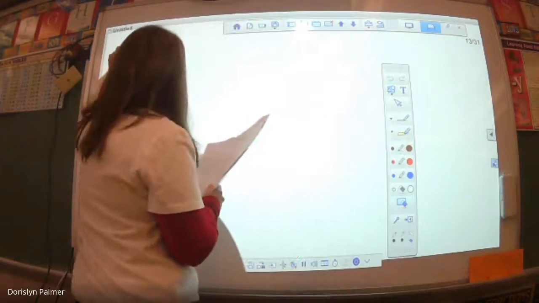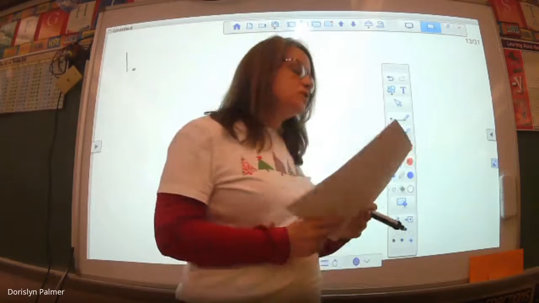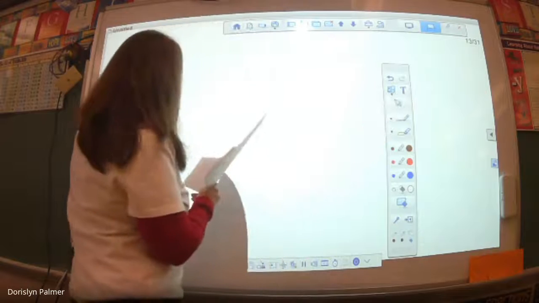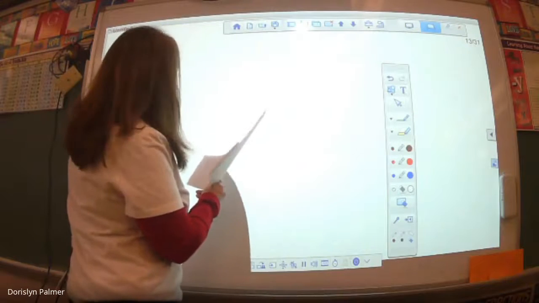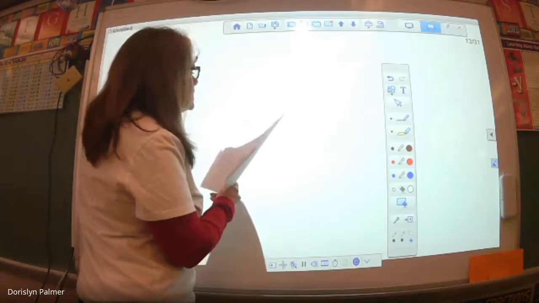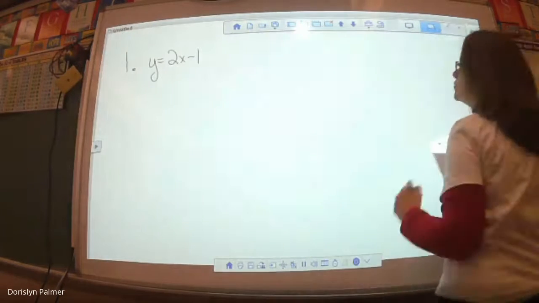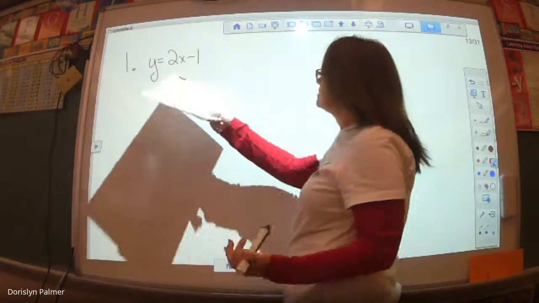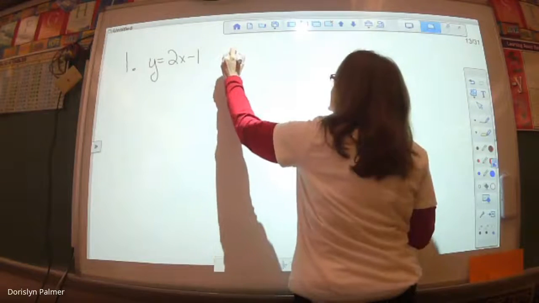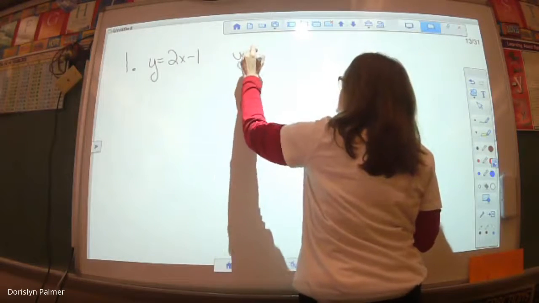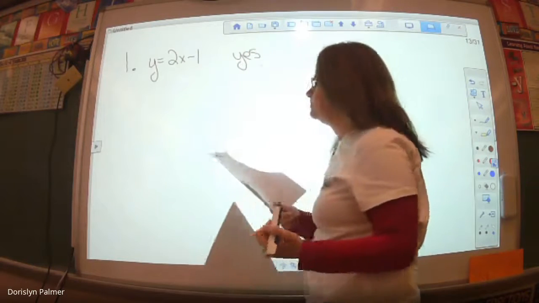The first one, okay, so we're going over the quiz that you took. The first question, you needed to determine if y equals 2x minus 1 is a linear equation, and if so, put it in standard form. So just by looking at it, we could say, yes, it is linear. That's the first part. That's a point.